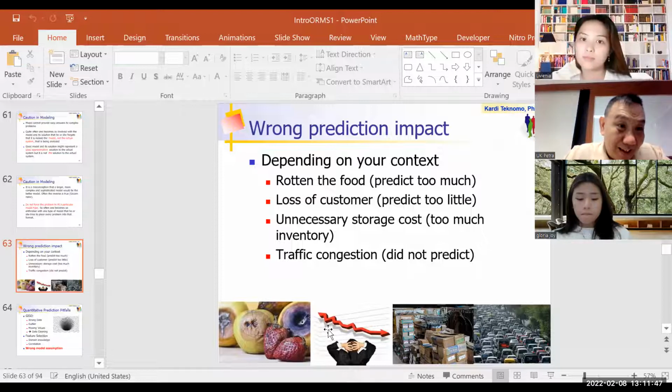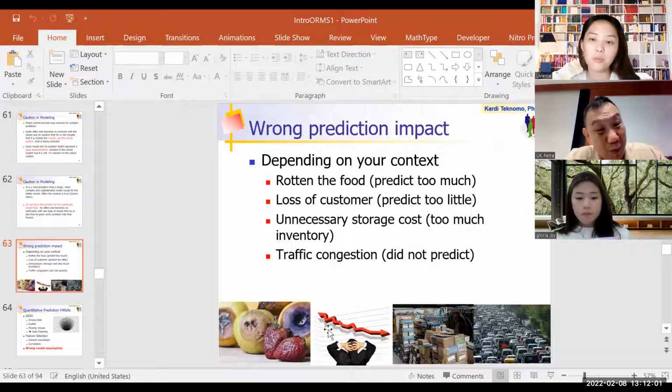In Metro Manila, to go from one place to another, just 5 kilometers requires around 1.5 to 2 hours. So going to work is normally 4 hours a day. Going is 2 hours, going home is 2 hours. So traffic congestion becomes very crucial that you can predict.